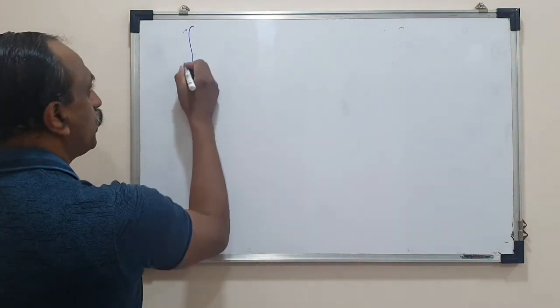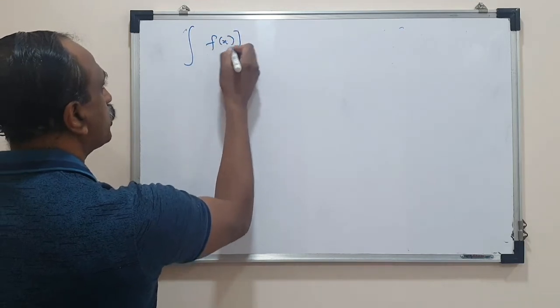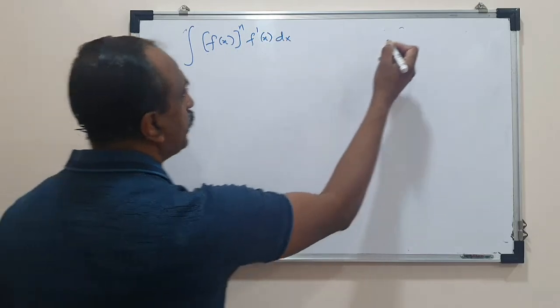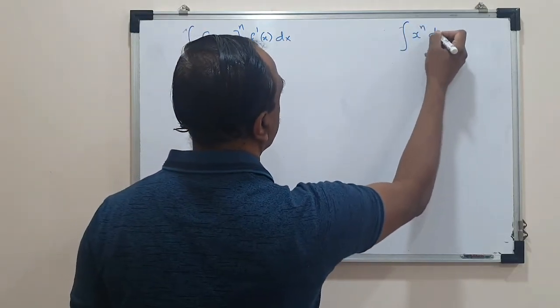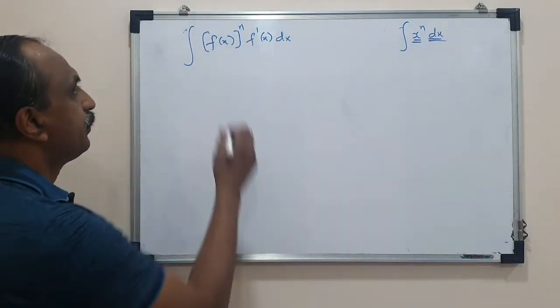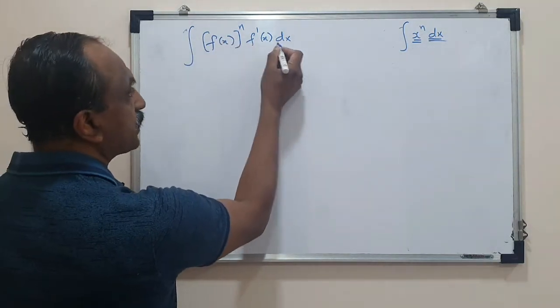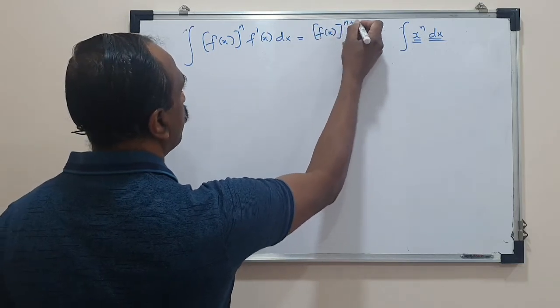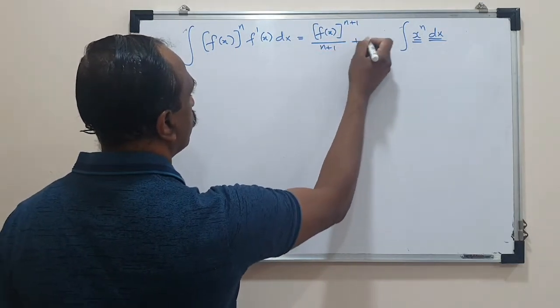The first formula actually is a function raised to n into f dash x dx. It is similar to x raised to n dx. X derivative is dx. You can think like that. So f of x derivative is present here. So you can directly increase the power and divide by the power and write the answer.